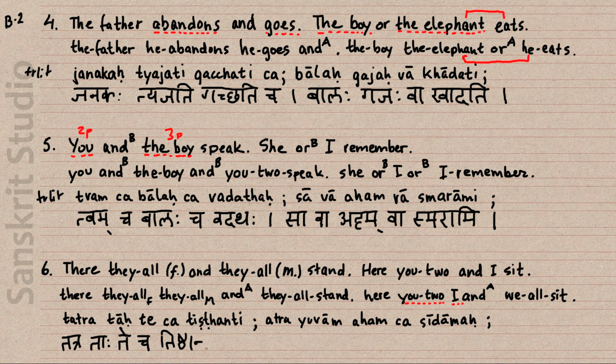So we have to do this NTI ending there, and we have to have the atra, and the pronoun yuvam, with the short u and the long a.